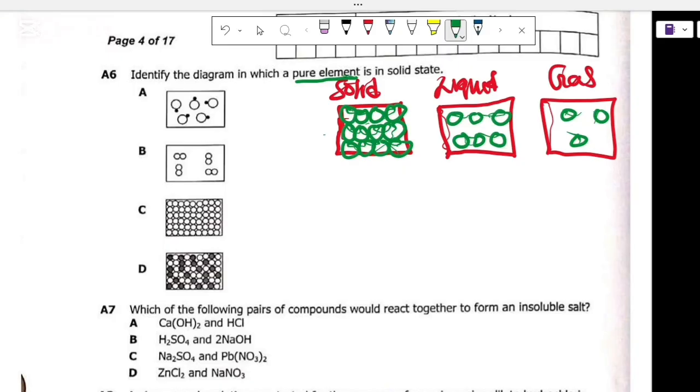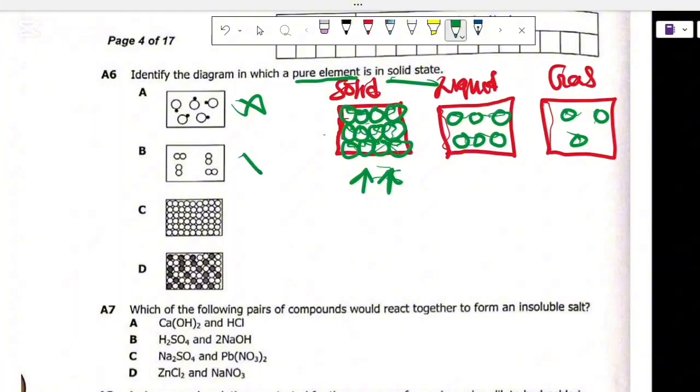This is talking about a pure element, so it should not have anything else strange attached to it. But notice it says that it should be in solid state. So the fact that it should be in solid state, this is how a solid state should look like. Particles are closely packed. So you can eliminate answer choice A because particles are not closely packed.